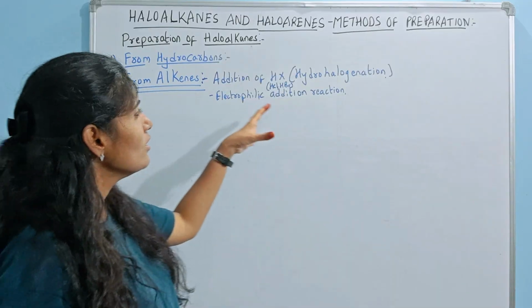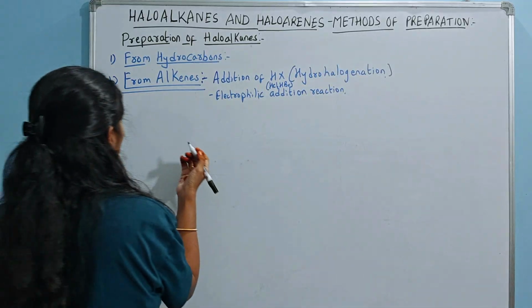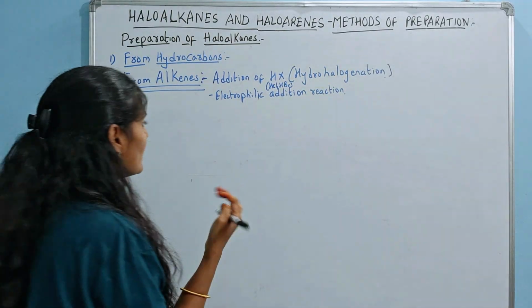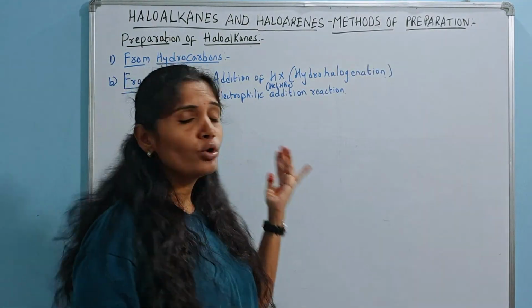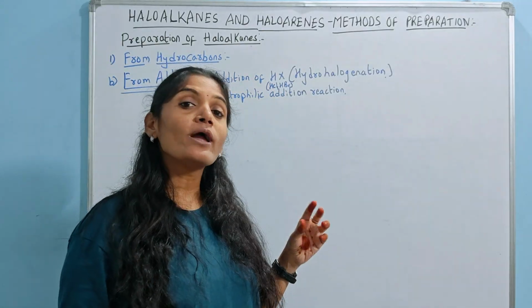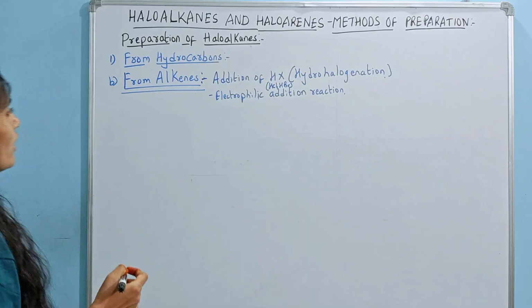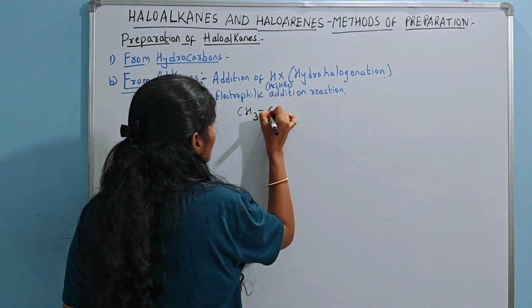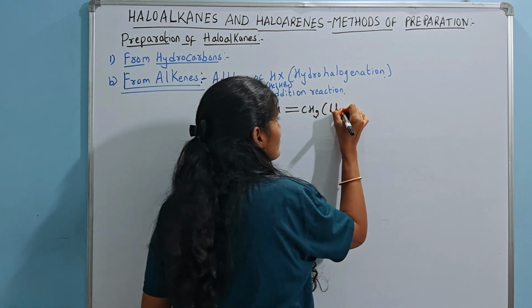Now you will clearly see why it is an electrophilic addition reaction. Let me take an alkene to explain this properly. When we talk about addition of HX onto alkenes, we will majorly talk about two rules, Markovnikov rule and anti-Markovnikov rule. Now, I take an unsymmetric alkene, for example CH3-CH=CH2.